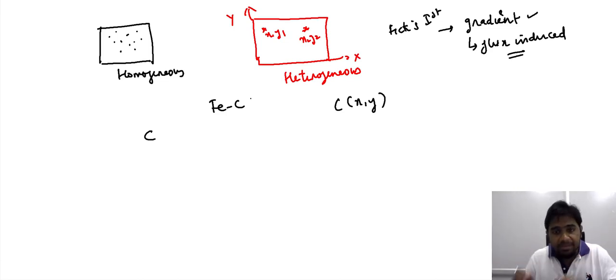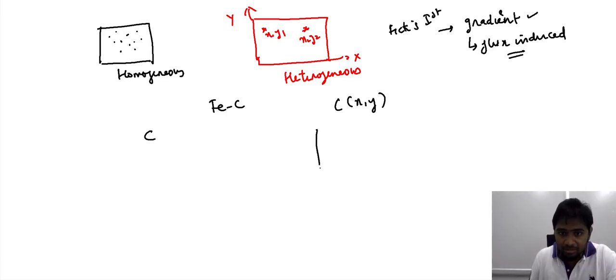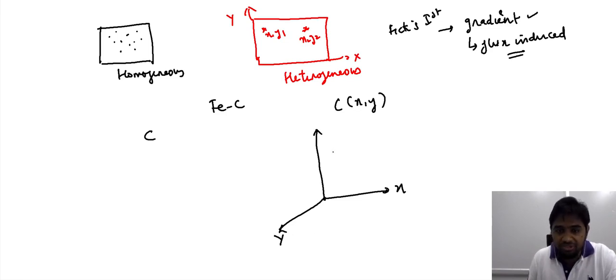Now this can be represented in a three-dimensional manner when you have your x in this direction, y in this direction, and you have your concentration in this direction. So this concentration is again dependent on x and y. Supposing at this point x1, y1, your concentration is the highest, then the concentration will be here.